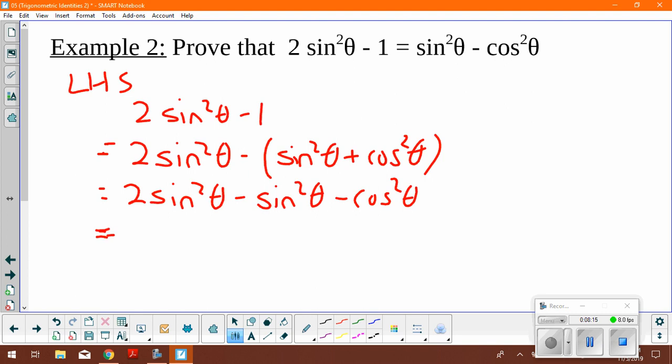Our final step now is just to clean it up. 2 sine squareds minus a single sine squared, that'd be kind of like doing 2x squared minus x squared. So that gives me my sine squared, and I have my minus cosine squared, and I'm done. Equals right-hand side, and we're good.